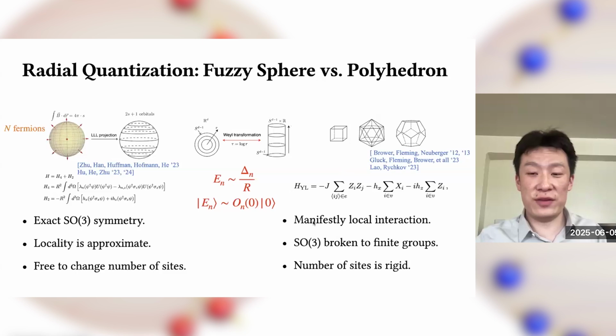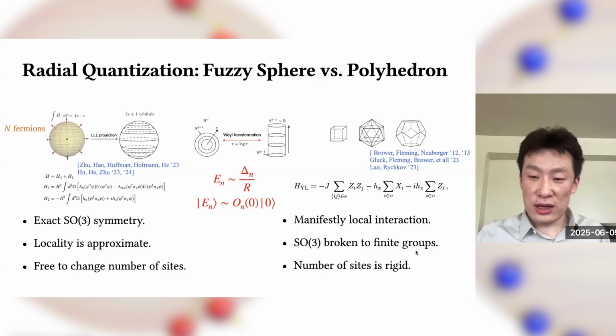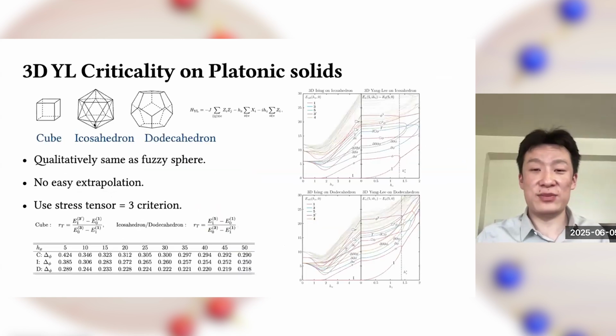In order to preserve SO(3) symmetry as much as possible, we would like to study the regular polyhedrons, which are pioneered by these works. The downside is that SO(3) is inevitably broken, and also there are only a finite number of regular polyhedrons in each spacetime dimension.